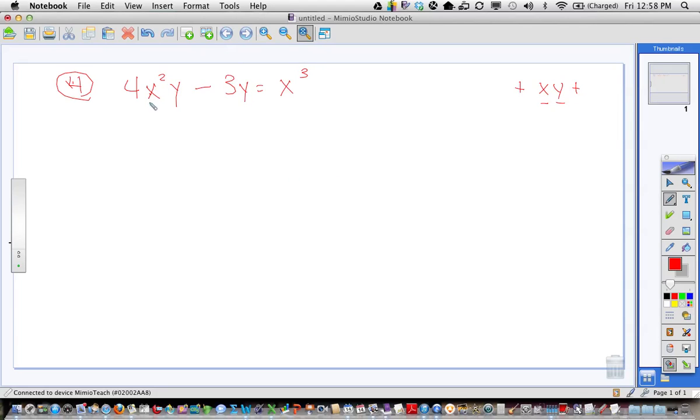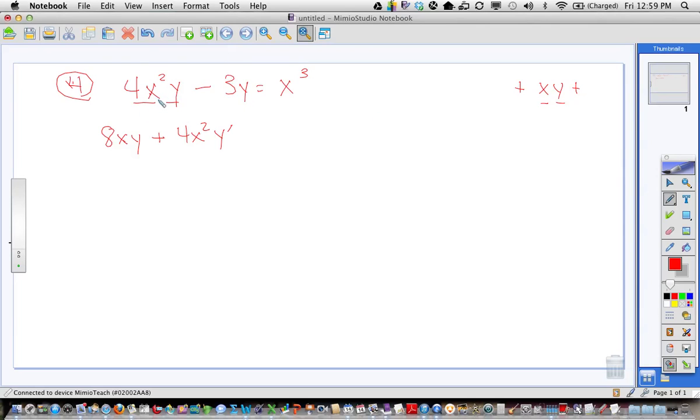All right, so on this one we do product rule. I would stick the 4 with the x squared. You could leave the 4 out of all of it and distribute it, but that's kind of silly. Just put the 4 with the x squared and then treat the y as its own thing. So tell me the derivative using the product rule. 8x, leave the y alone, plus 4x squared left alone, and the derivative of y is 1 y prime, or just y prime.